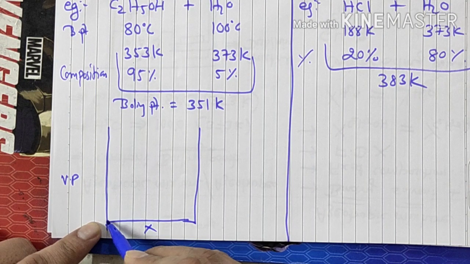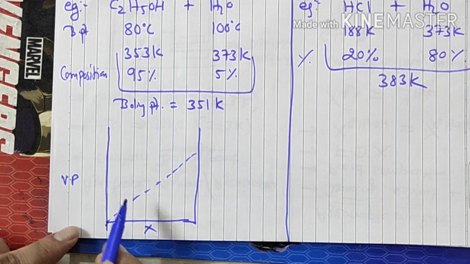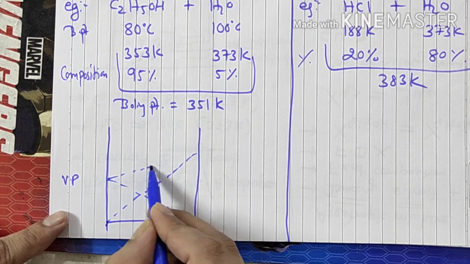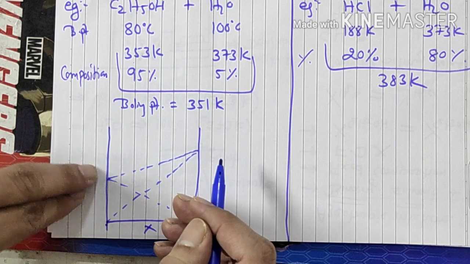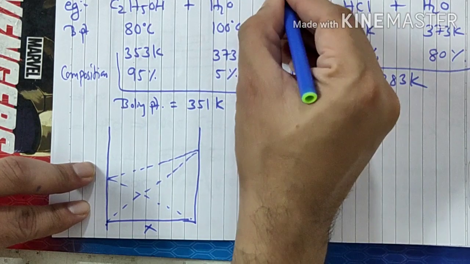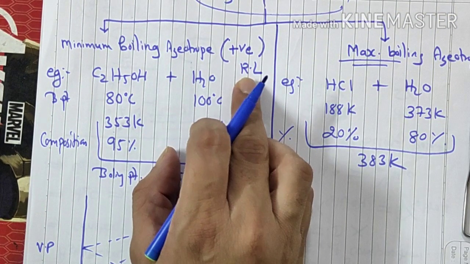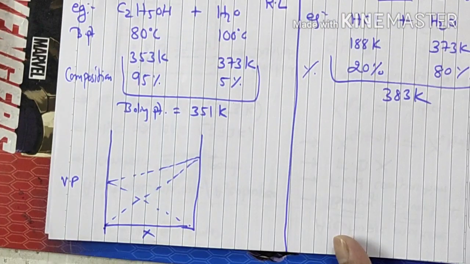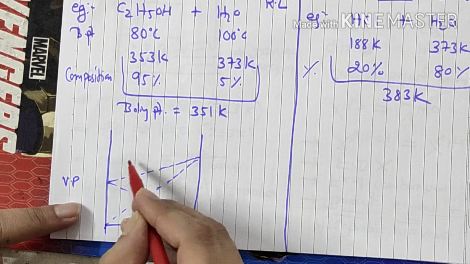Okay, the graph is like this. This is expected, right? But understand, this show positive deviation. It show what? Positive deviation from Raoult's law. This solution show positive deviation. So when I say positive deviation, the graph will be somewhat like this.